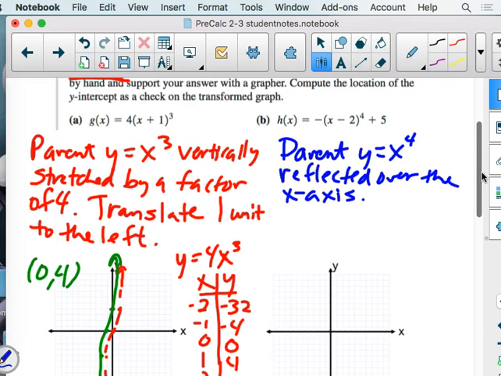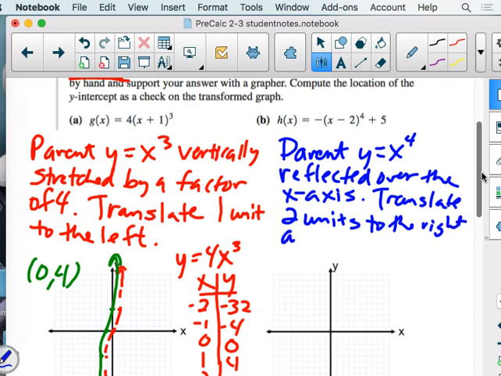Is that it for transformations? No. What else? 2 to the right. Translate 2 units to the right. Should I put an and? And what comes after the and? 5 units up.